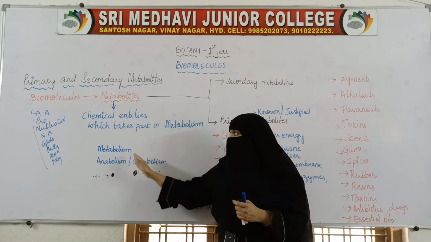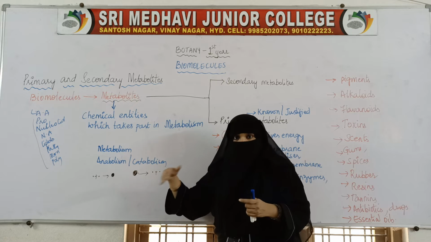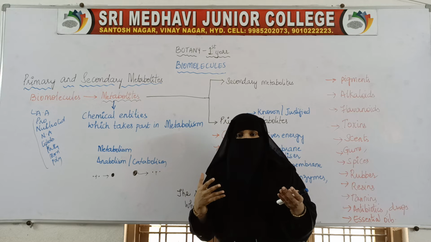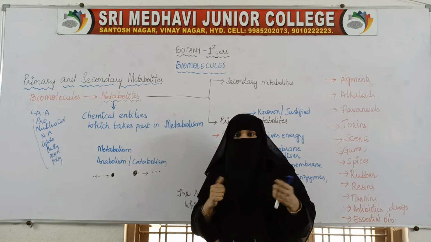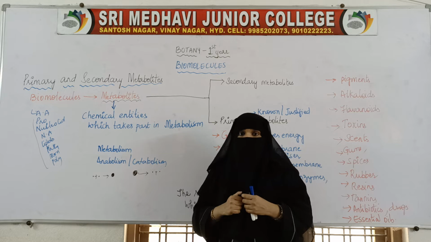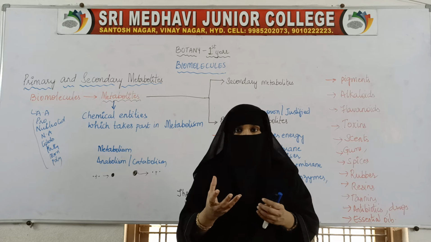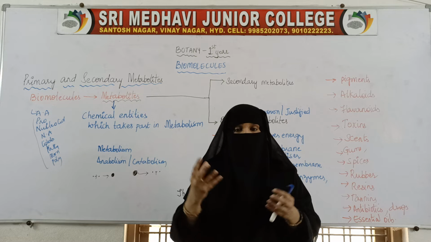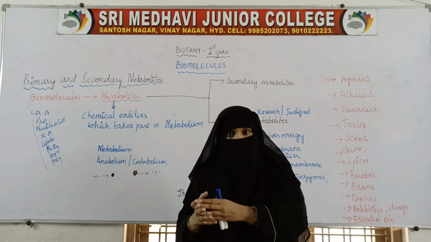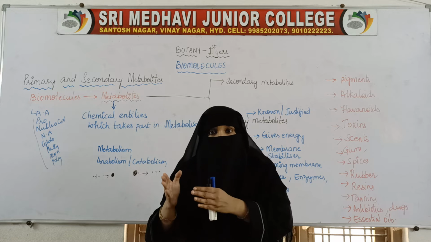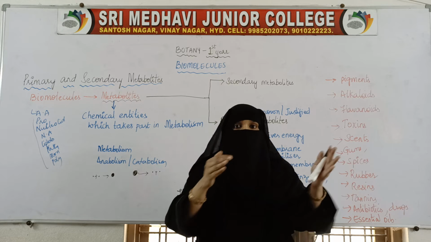So this is metabolism. In metabolism, what is happening in our body? Many small compounds, that is many small units, are joining and forming bigger compounds, and those bigger compounds are again broken down into smaller compounds.